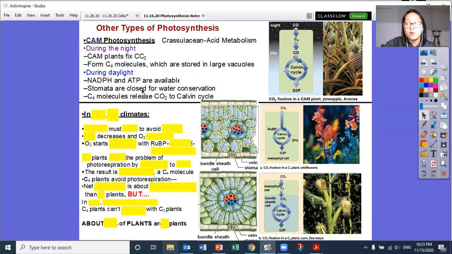And so you can do photosystem 2 and 1's process and the Calvin cycle as long as you aren't running out of those C4 molecules turning into CO2. So basically, you're pre-storing your carbon dioxide, and the next day when there is light, you're not going to be taking in any more carbon dioxide because your stomata are closed and you don't want to be evaporating out all of the water.